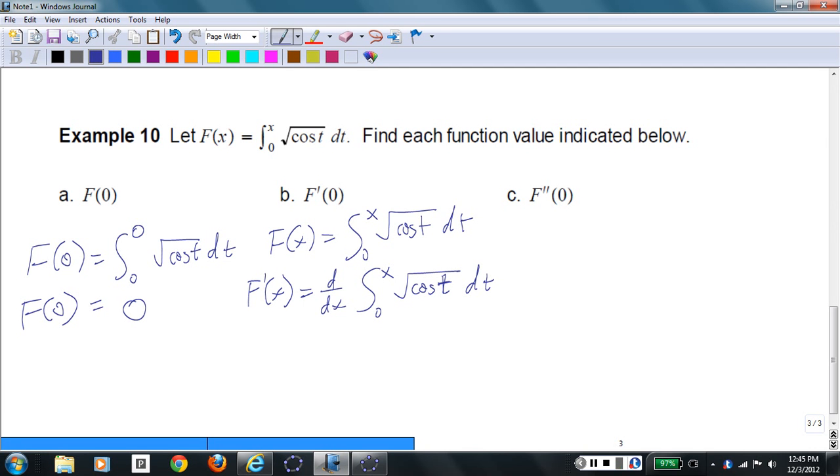So the derivative is going to be, well, what? Big F prime of x equals the square root of cosine x.